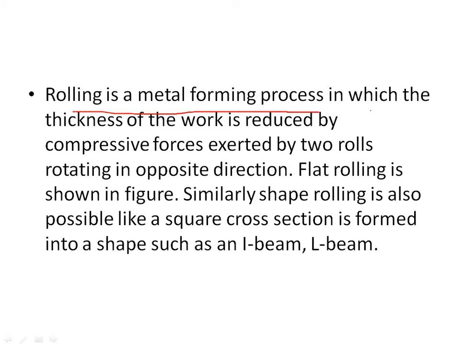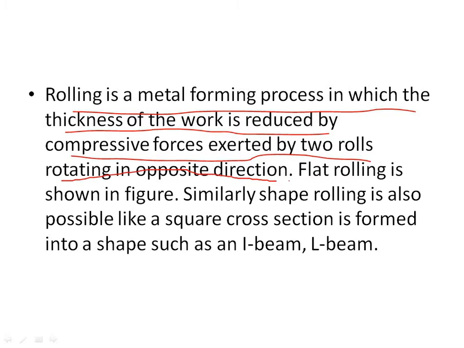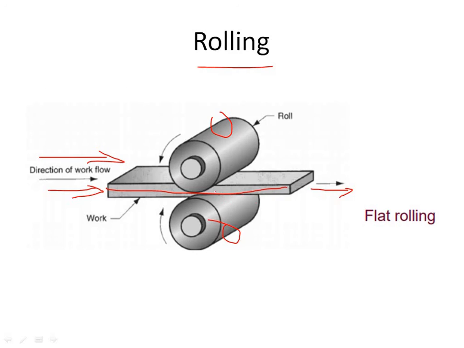Rolling is a metal forming process in which the thickness of the work is reduced by compressive forces exerted by two rolls rotating in opposite direction. Flat rolling is shown here, you can see the direction.